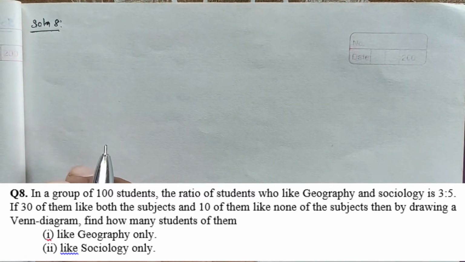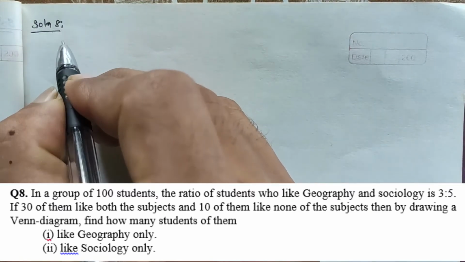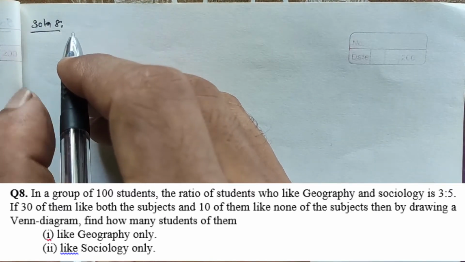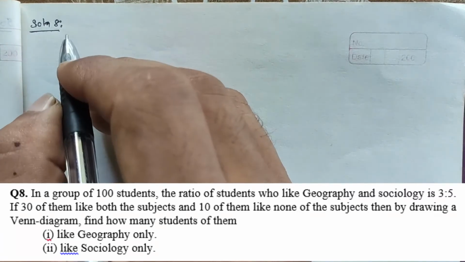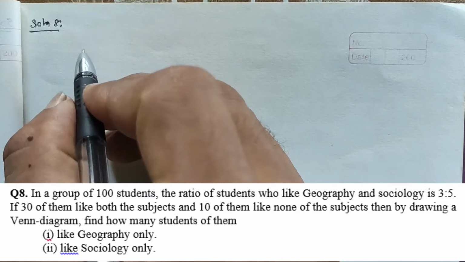This is a little bit different from other questions, because the question is in the form of a ratio. This is another important question, one that most students get confused in, so I am going to solve it.